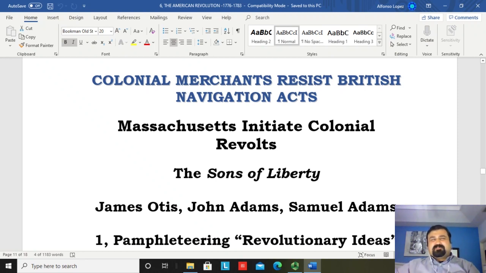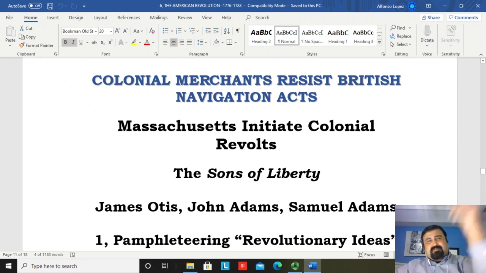Okay, so the merchants themselves were the ones that are going to start really organizing the resistance, if you will, against the Navigation Acts. Okay, so they're the ones that are the most affected by those acts.